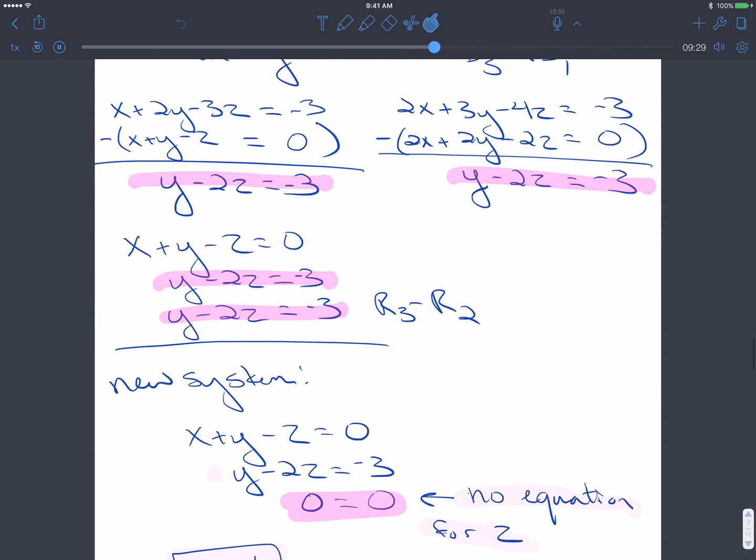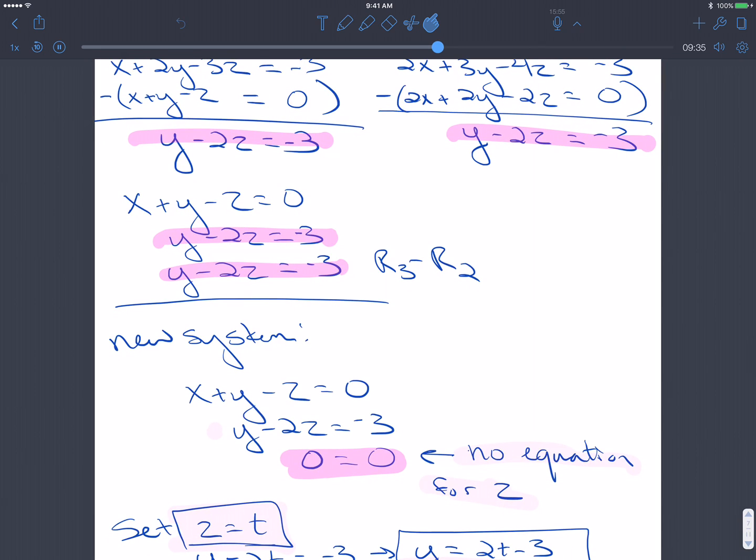Now that's true, just like the 6 equals 6 in 7.1, but it doesn't allow us to determine what z is. There's no equation for z, there's just 0 equals 0. So there's no value for it, and so we have to define the solutions, which are now infinite, because we have a dependent system.